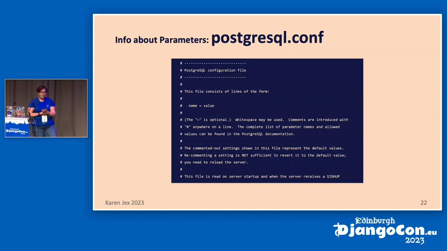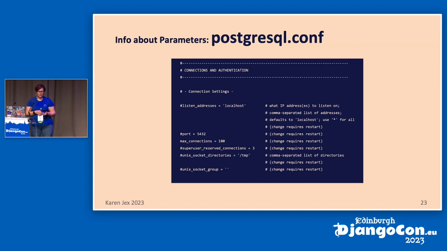As I said, when you create your Postgres cluster, you actually get a default postgresql.conf file, which lists all of the possible parameters. The initial part of the file gives you information about how to read the file and how to use the file. And then you have all of the available parameters. They're grouped in the same way as they're grouped in the PostgreSQL documentation.